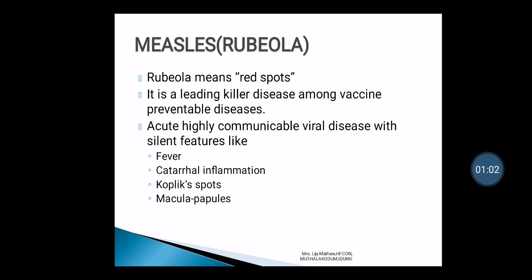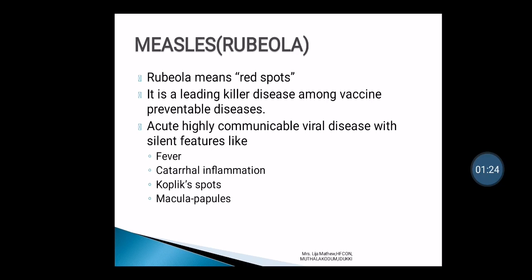Measles is an acute, highly communicable viral disease which has salient features like fever, inflammation, and maculopapular rash. All these things will be there in measles.